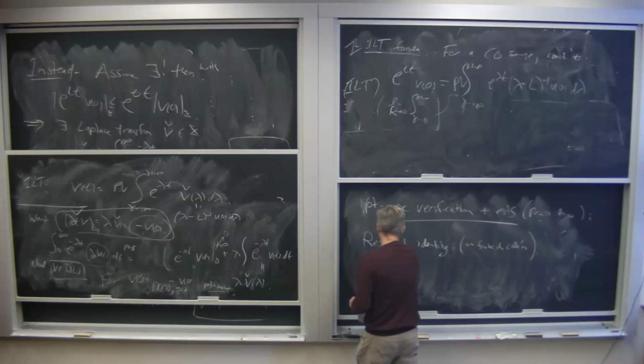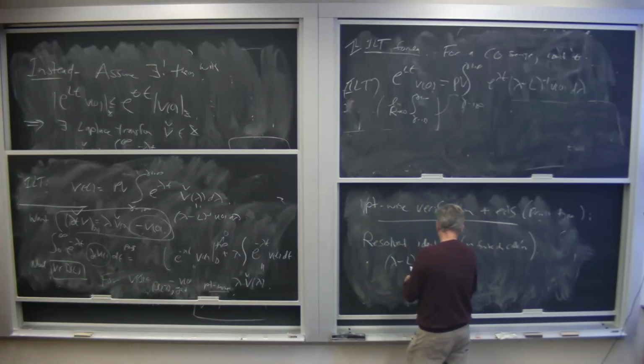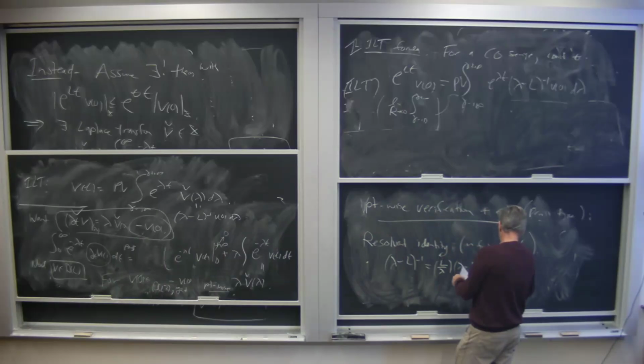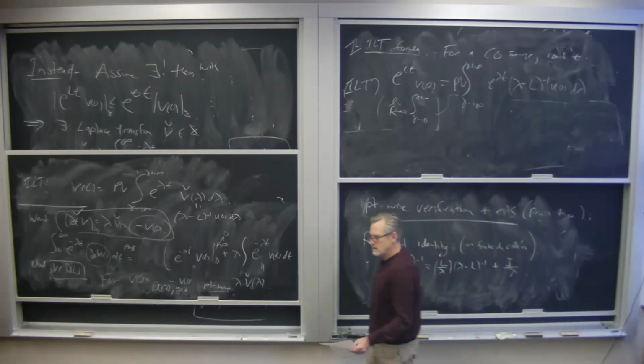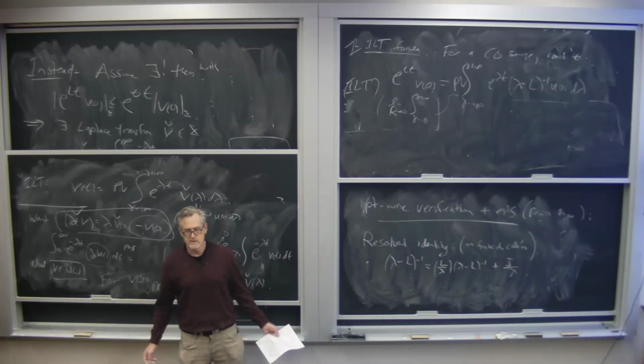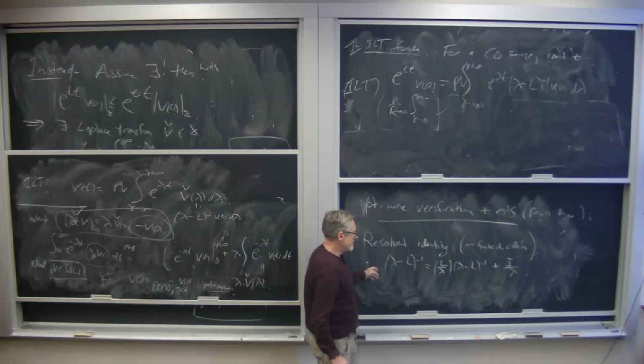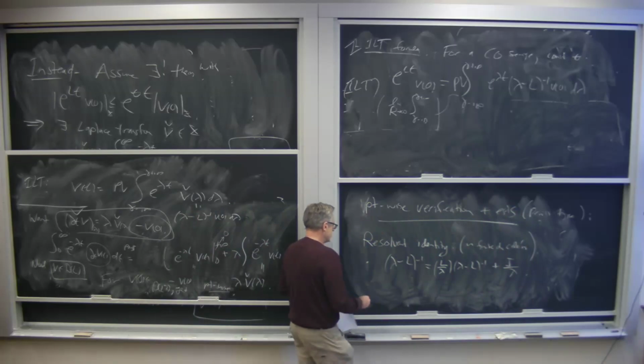So (lambda minus L) inverse is equal to L over (lambda minus L) inverse, plus identity over lambda. And this is just an algebraic relation. If I multiply both sides by lambda, then I see it.